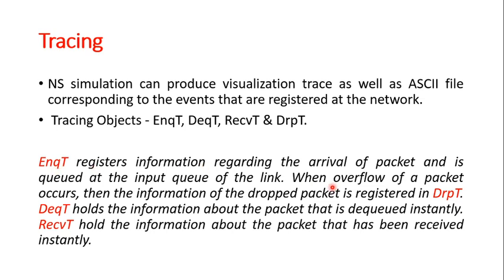Now there will be a set of packets which may be dropped, because when the size of the queue is limited, a few packets may be dropped, and those will be taken care of. Those will be registered with respect to drop, which is dropped data, dropped packets.